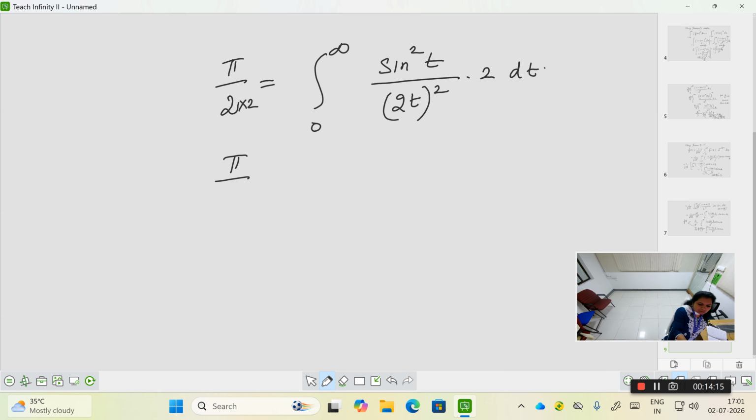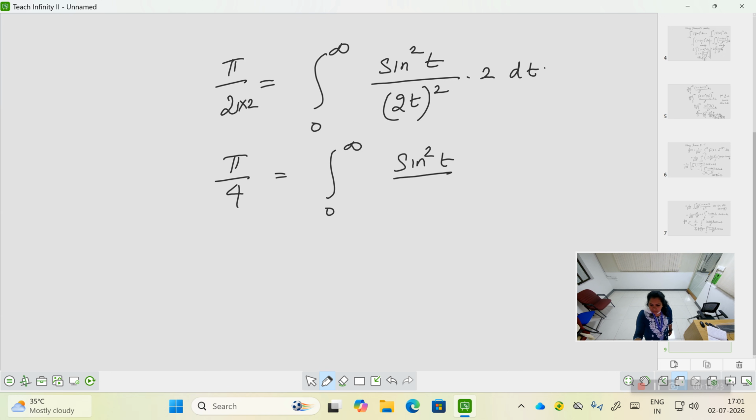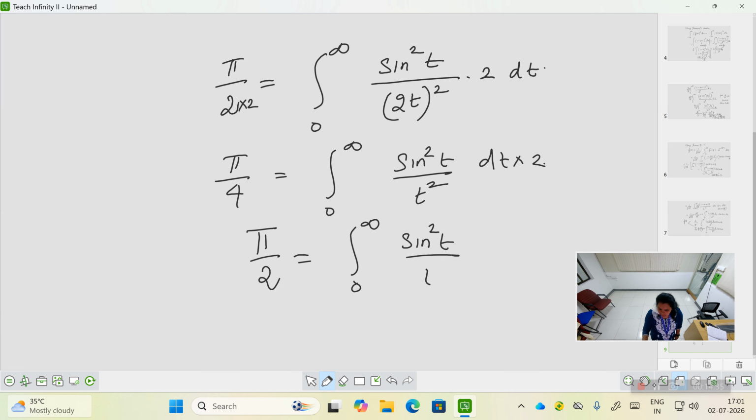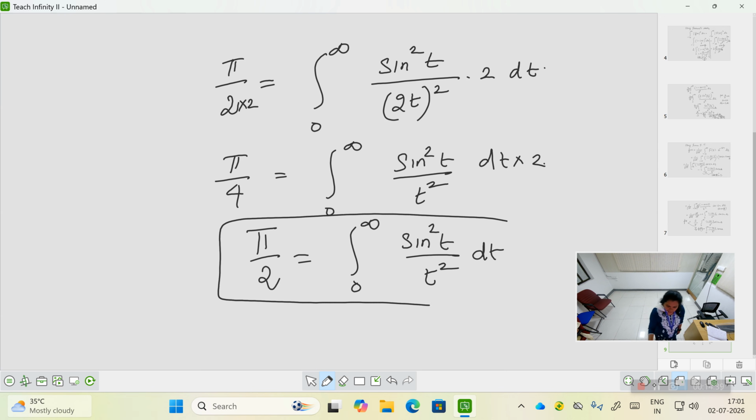Now if you look at here, you are having the term 2 already existing here. So pi by 4 equal to 0 to infinity sin square t divided by t square dt into 2. So 2 bring it to the other side. So you get pi by 2 is equal to 0 to infinity sin square t by t square dt.